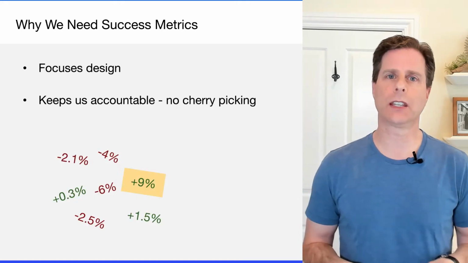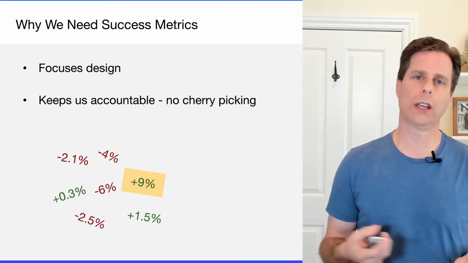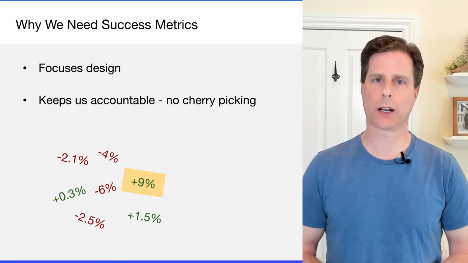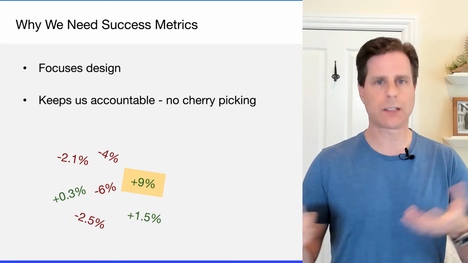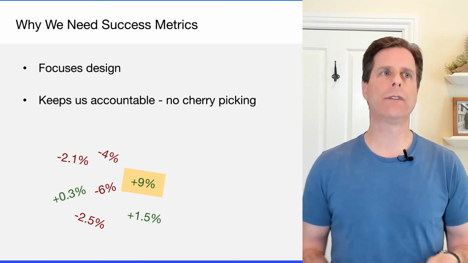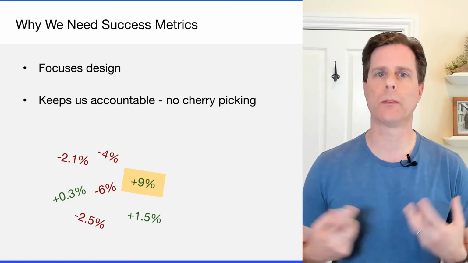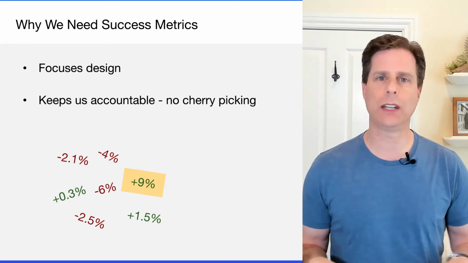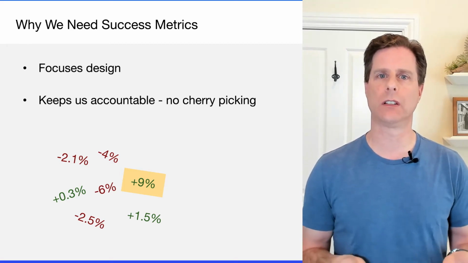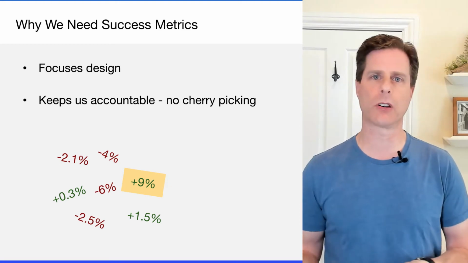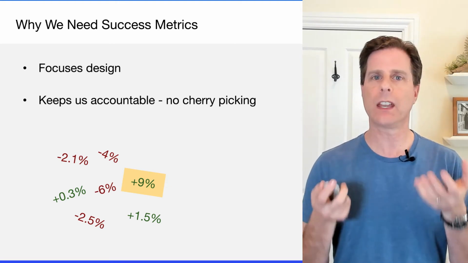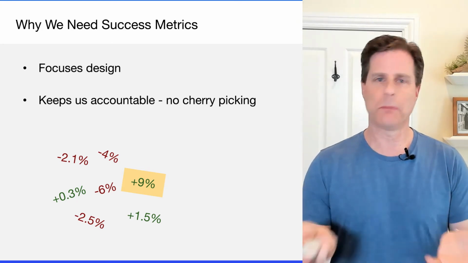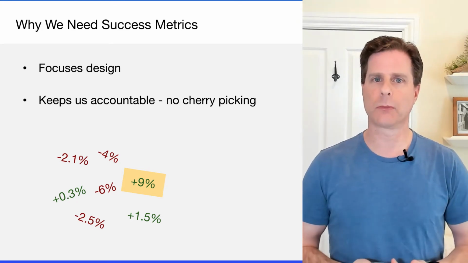The second thing it does is it avoids this notion of cherry picking, where anytime you make a change to a product, inevitably, lots of metrics are going to move. If we haven't chosen beforehand what the metric is that we are most focused on, then it's kind of human nature. You'll look around at all the different numbers, and some are down and some are up for all these different metrics, and you'll pick the best one and you'll say, oh, hey, look, we're up 9% if we look at this particular metric.